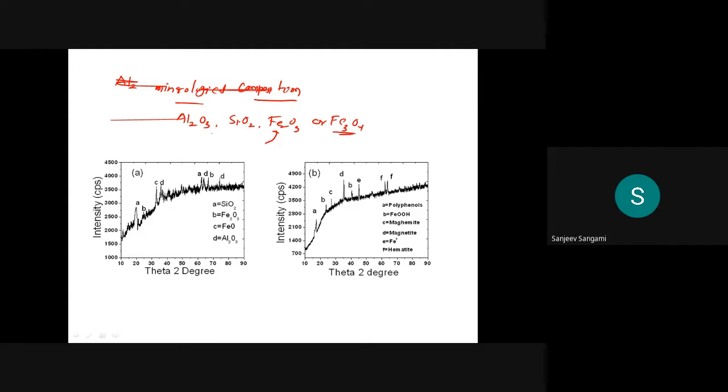Then you have to go for the XRD pattern, that is X-ray diffraction. So X-ray diffraction you have to go for.